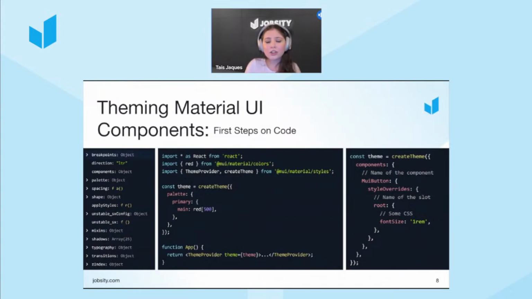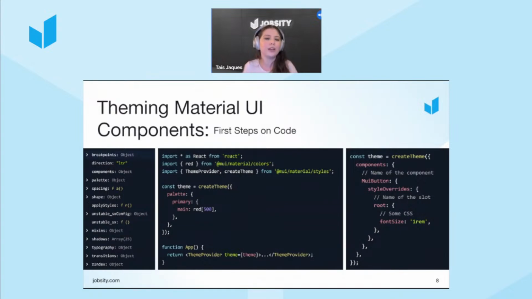In the second image, I show how to create the theme. So you can use these functions provided by Material UI, and you pass all the props you want to change and the new props you want to add. This is going to be applied to all the components and everything that uses the theme of Material UI.